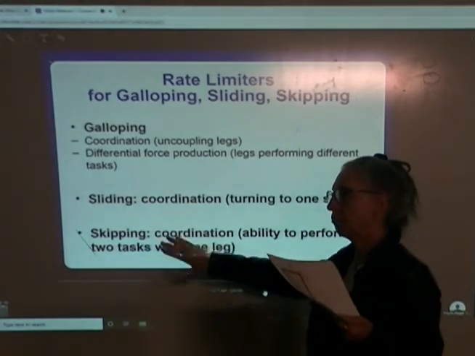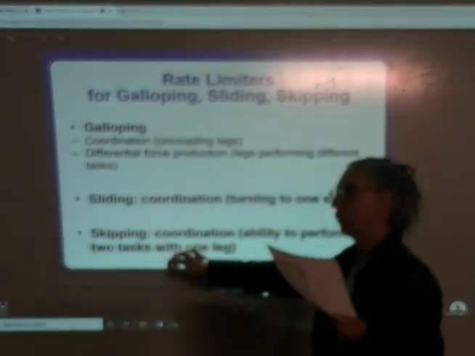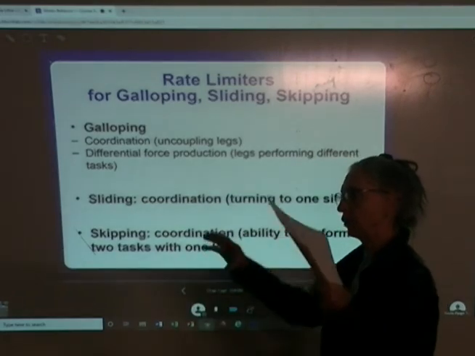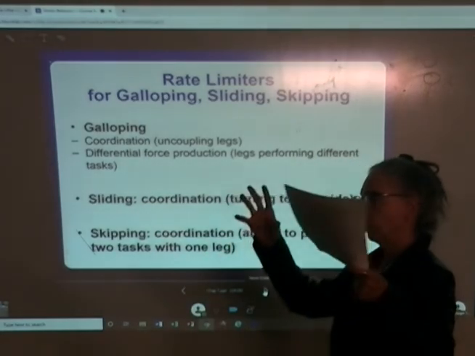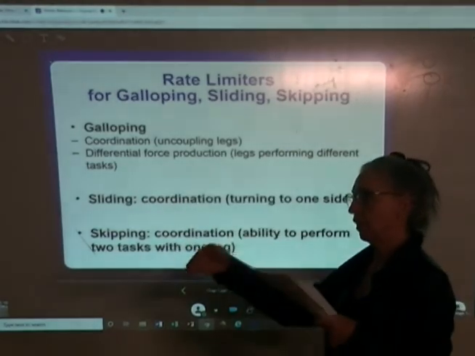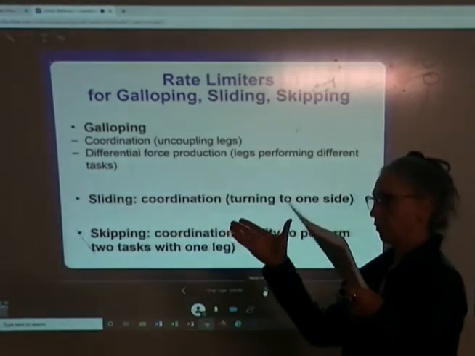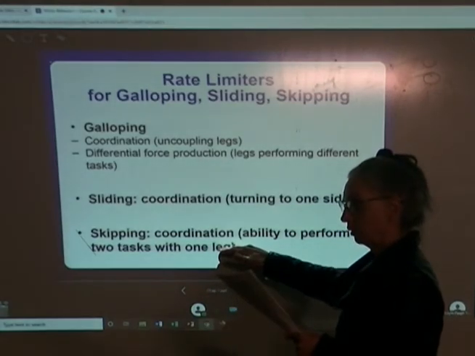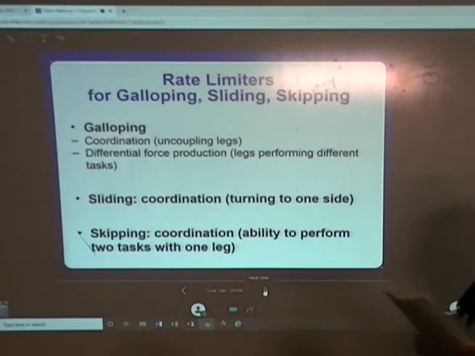So strength and balance wouldn't be the rate limiters for skipping. Does that make sense? You've got to start thinking about the sequence of development and which rate limiters are still in effect when we get to this point.